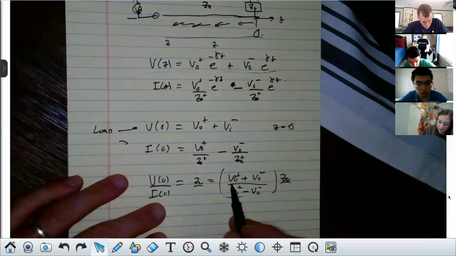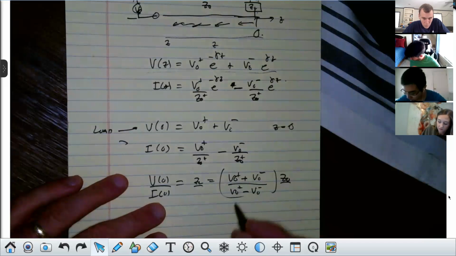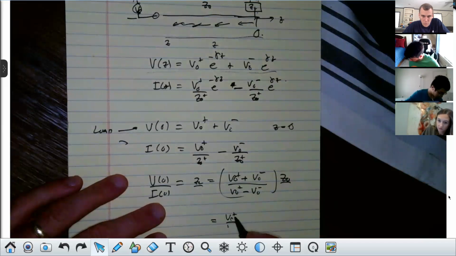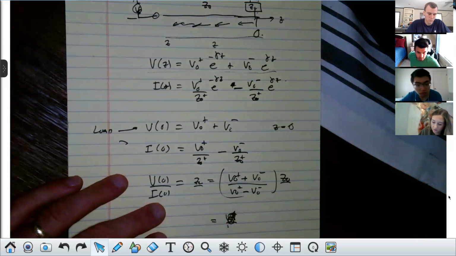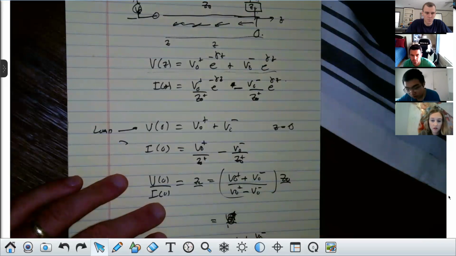When I divide V0 plus by itself, I would get 1 plus V0 minus over V0 plus, then it would be over 1 minus V0 minus over V0 plus, times Z0, equal to ZL.